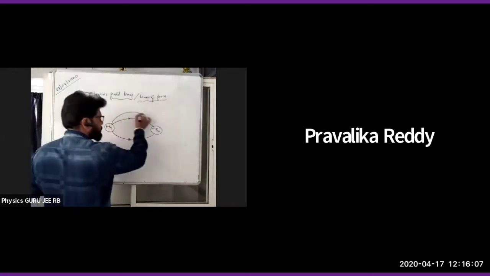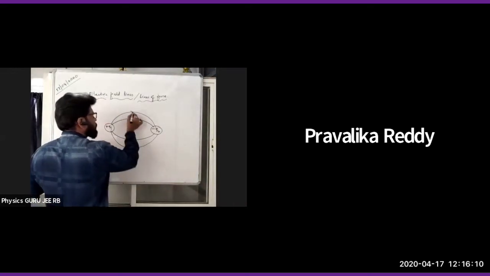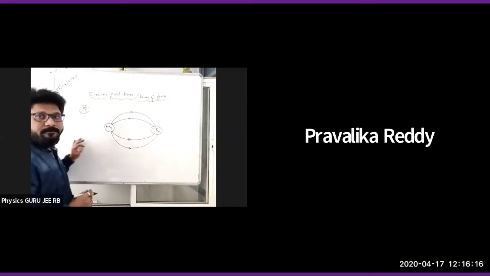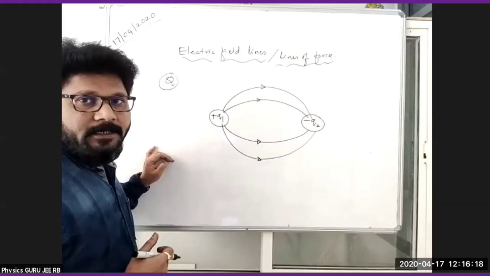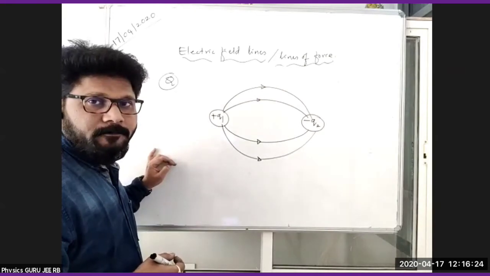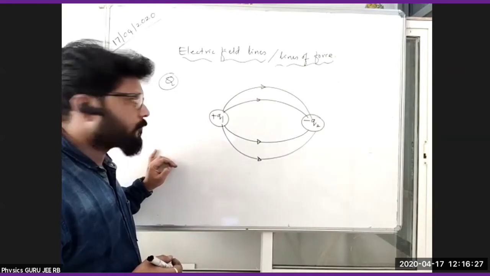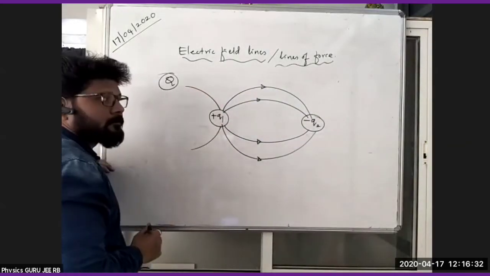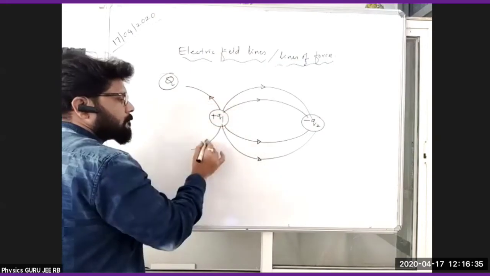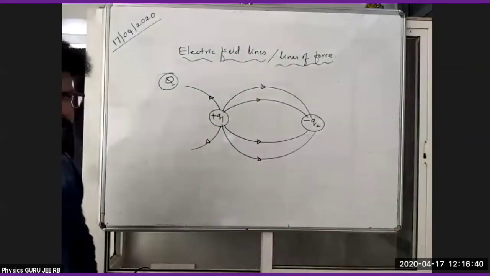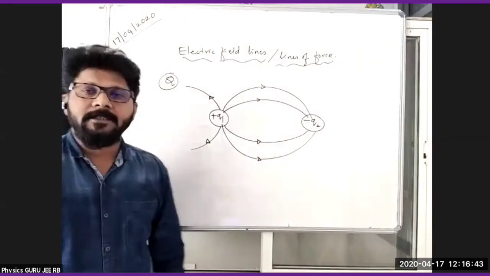Next. Now, can you tell me how many electric lines are there with plus Q1? 4. Minus Q1 is also 4. Okay, now. With the Q1, how many electric lines are there? 6.